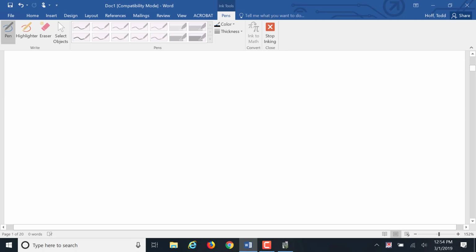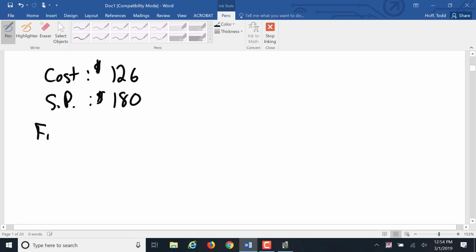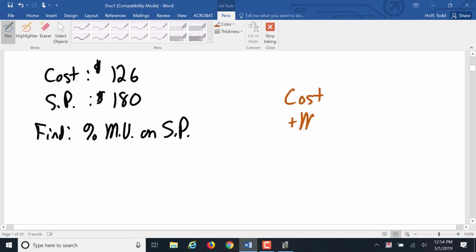Let's look at a little bit simpler example here. Let's say I give you that we have a cost of $126 and a selling price of $180, and I want you to find the percent markup on selling price. So once again, the formula is cost plus markup equals selling price.